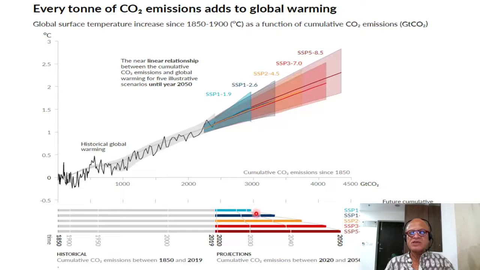By 2030 SSP 1.9 would get us to 3000 gigatons CO2. Okay, this is the unit we are using. 2.6 would increase it further, 4.5 and 8.5, which is definitely not something we want, would get us to about 4,300 gigatons CO2 accumulated by 2050.